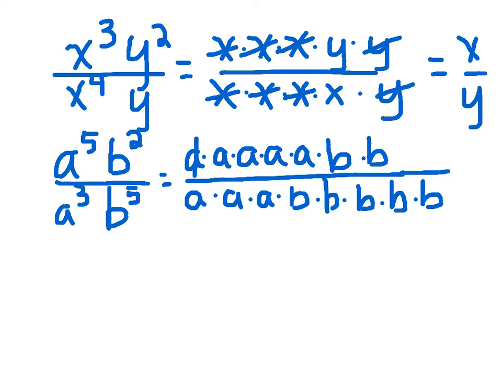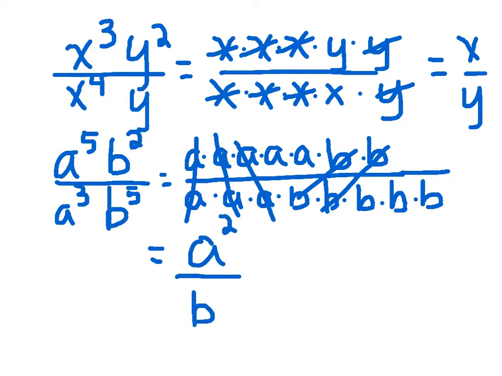So what happens is drop out the 1, drop out the 1, drop out the 1, drop out the 1, drop out the 1, and what I have is a to the second over b to the third.